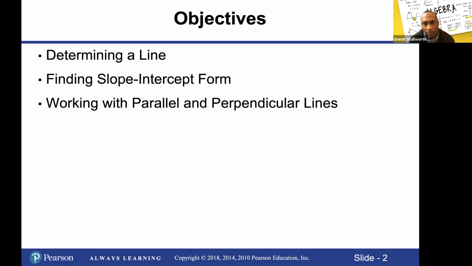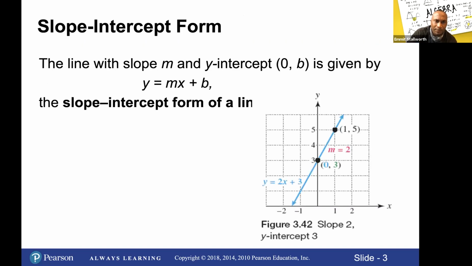We're going to go through the problems on this presentation so we can see what's going on here. That's probably going to drive me to work a couple more problems because I just can't stop there. But we'll just see. We're also going to be finding slope intercept form, and then we're going to be working with parallel and perpendicular lines. I think we kind of did that a little bit the last time we were in class.